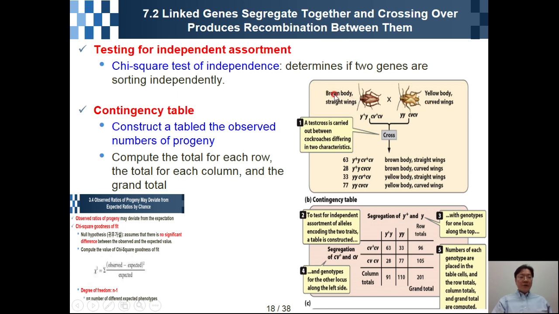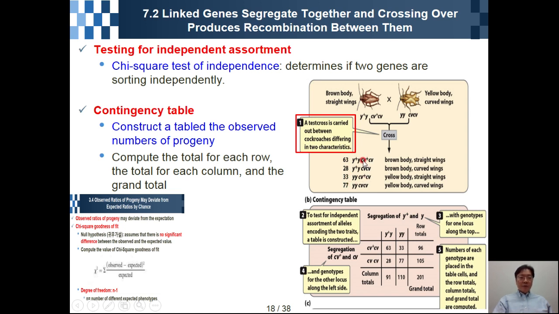Brown body is dominant over yellow body, and straight wing is also dominant over curved wings. After the test crosses were carried out between the cockroaches, they showed different numbers of offspring.